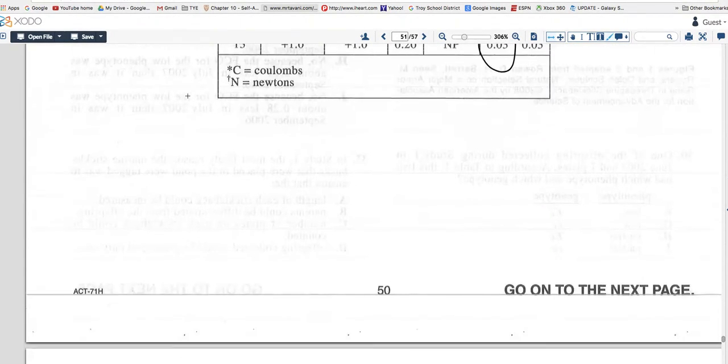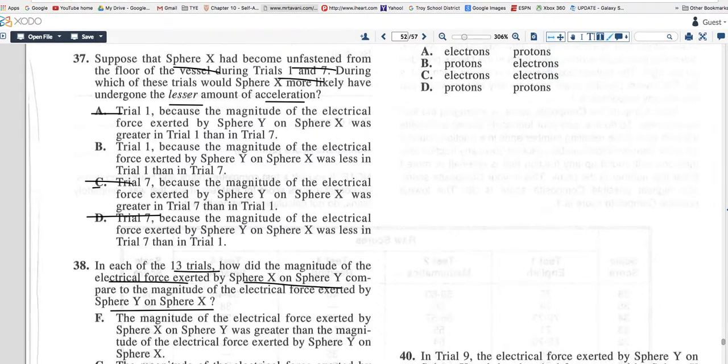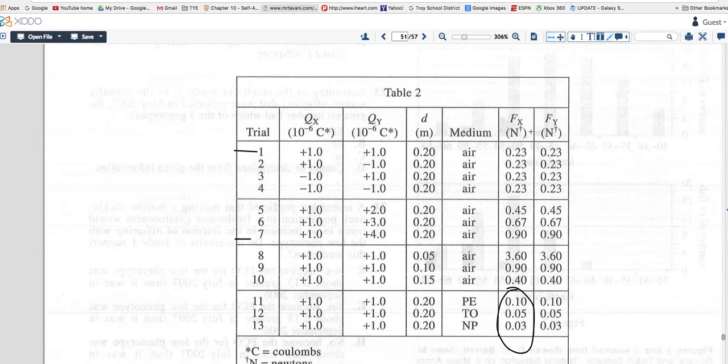Another way to do it is when you have two protons or electrons, they exert the same force on each other. Okay? That's just a law in physics. I don't really remember which one, but it's just a rule. And if you don't remember that, you can check the force of sphere x and force of y. Notice how they're all the same.